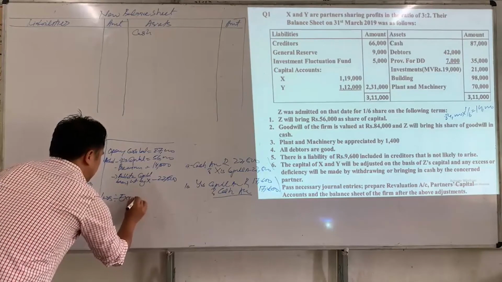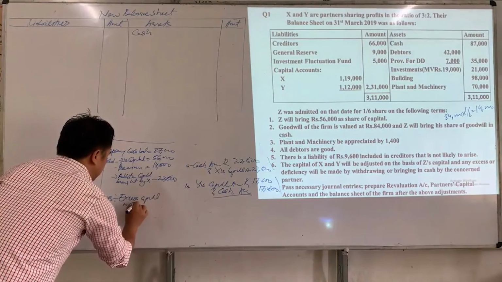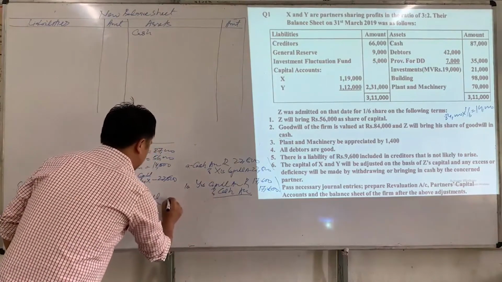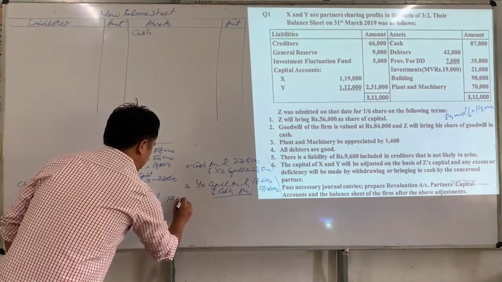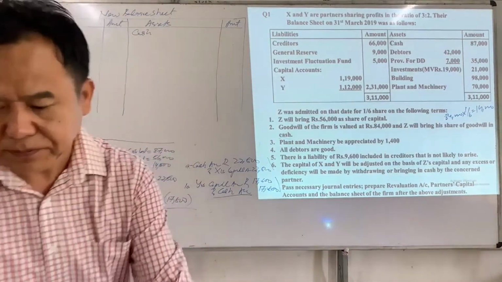Excess capital withdrawn, what is the amount? Yes, 17,600. This should be deducted.